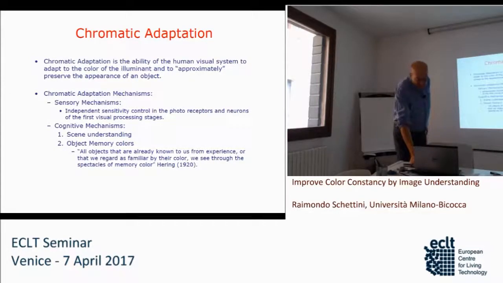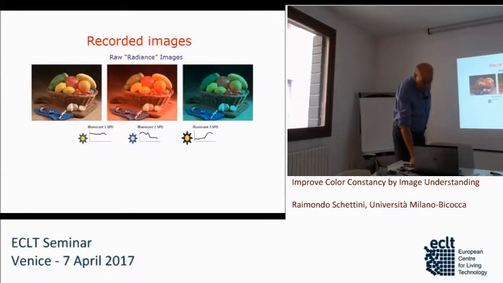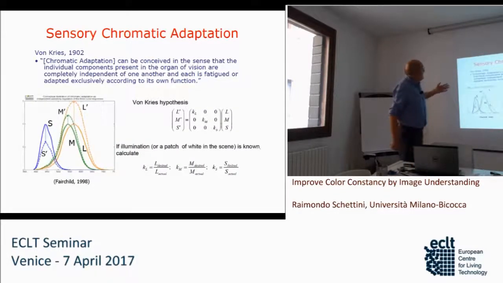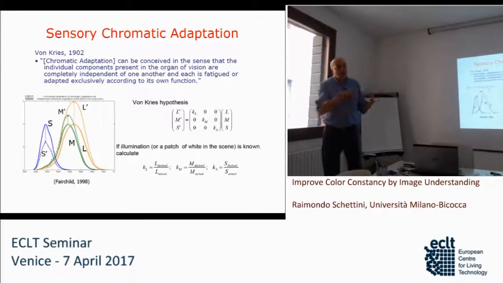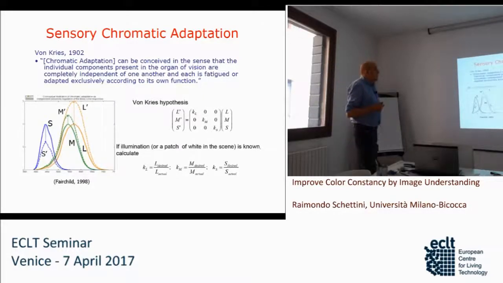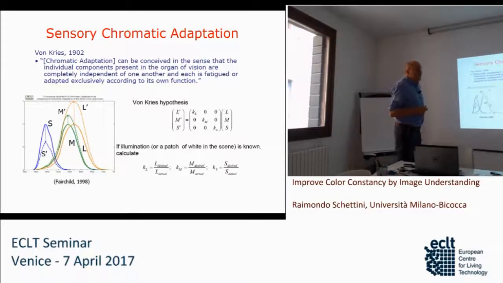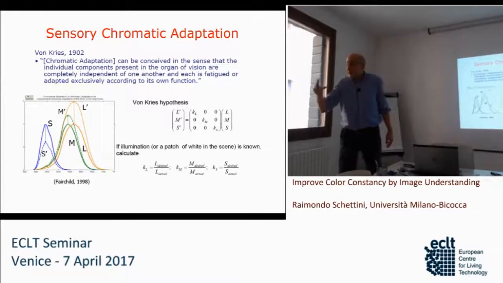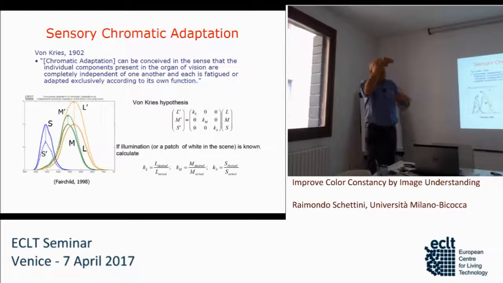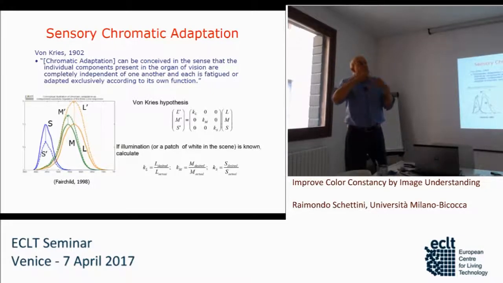Let's see some examples of the sensory mechanism, which was modeled many years ago, and is almost the same, even in more complex models now, in which we have some crosstalk. This von Kries hypothesis says that we have a gain control of our sensitivities that are independent, in which when you perceive a form of dominance, we reduce or increase our sensitivity to other things.